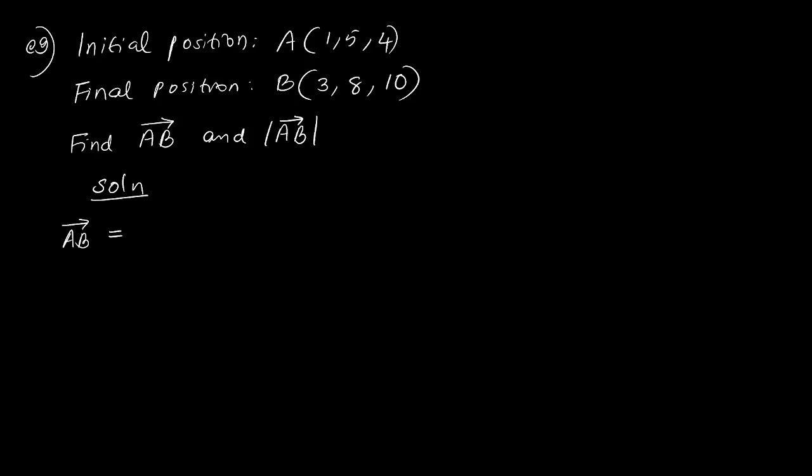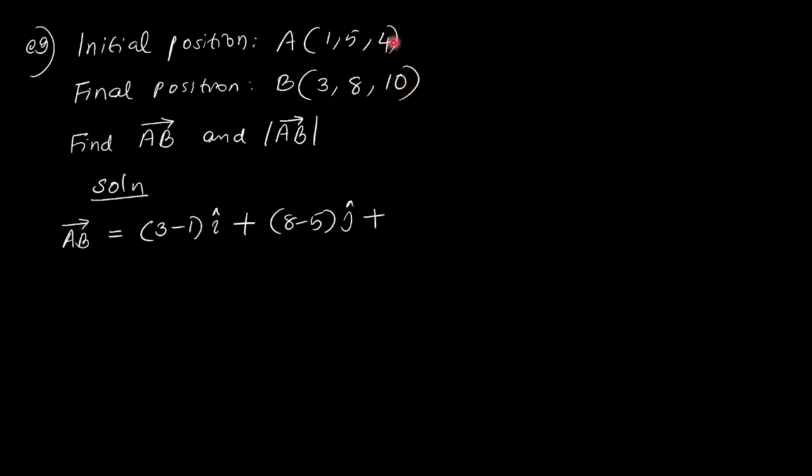So x2 minus x1 will be 3 minus 1, i. Correct. y2 minus y1, final minus starting, 8 minus 5, j.